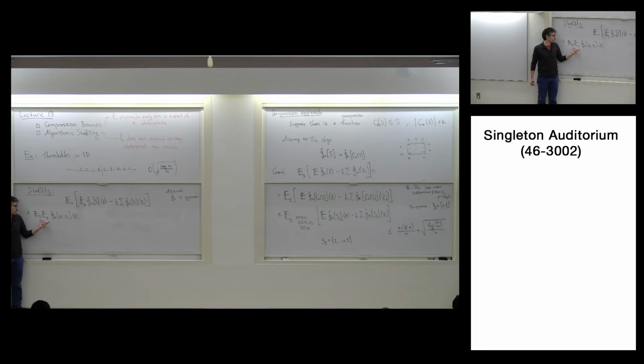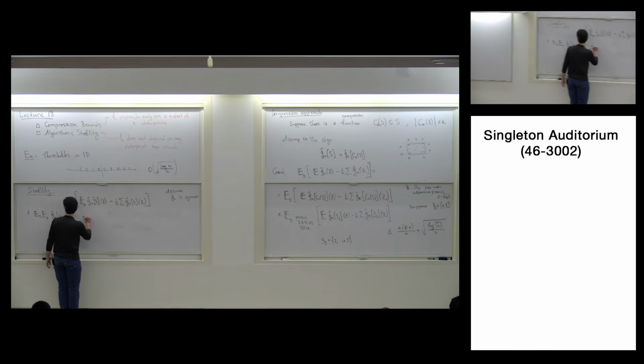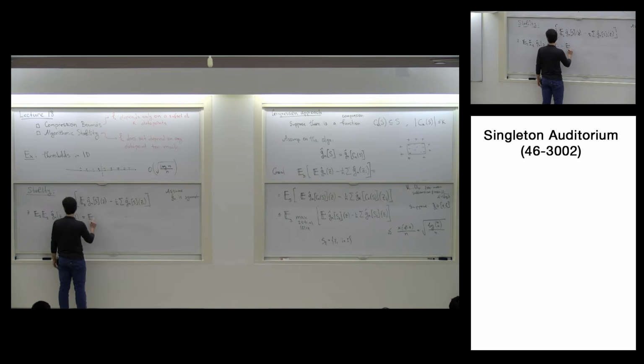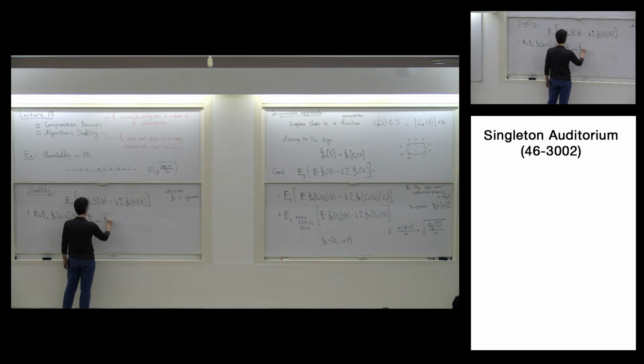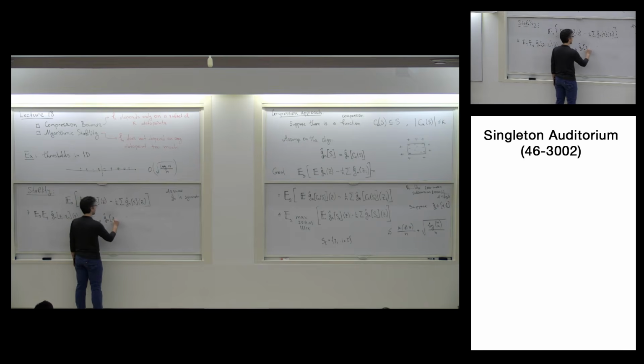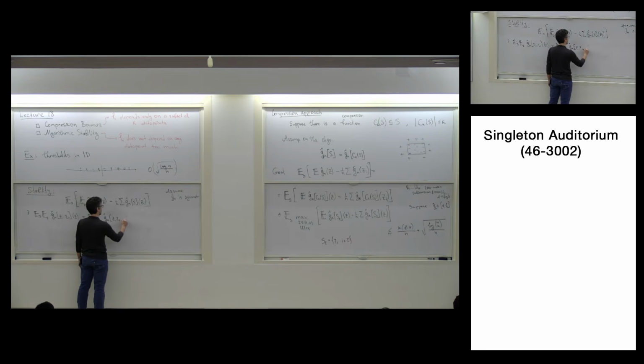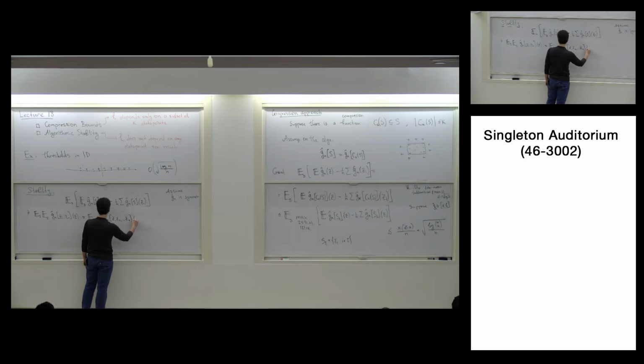So in particular, I can rename Z and Z1. These are just names, I can put whatever I want. I'm just going to rename it for purposes that will be clearer later. So this is the expectation over Z1 through Zn and Z of G n hat of Z2 through Zn, evaluated on Z1.